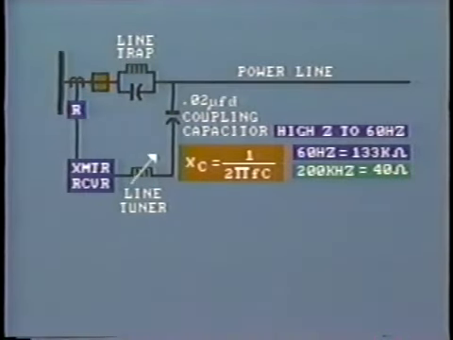The reactor can be adjusted, that is, tuned, so that its value of inductive reactance is the same as the capacitive reactance, 40 ohms in this case. So this presents almost zero impedance to the flow of the 200 kilohertz signal. By tuning the reactor, we can select the coupling circuit to pass specific carrier frequencies as desired.